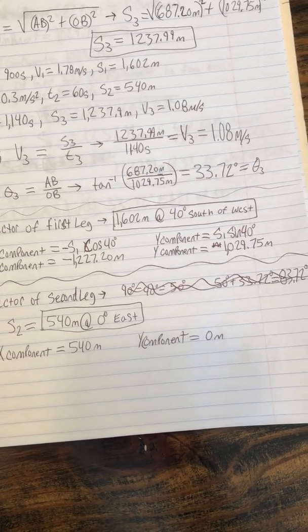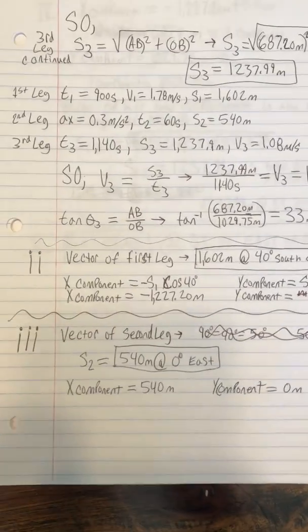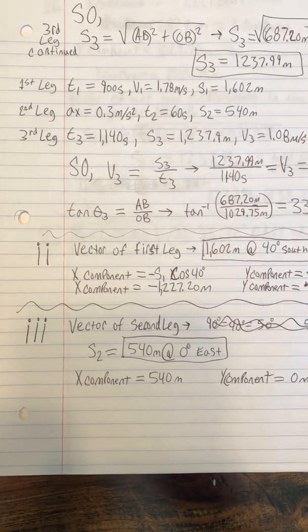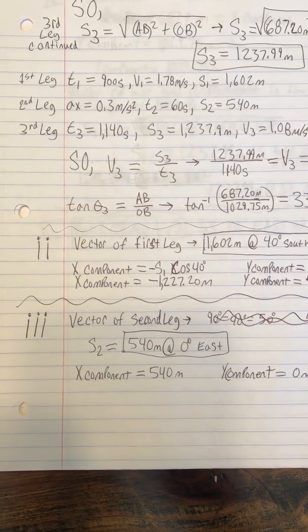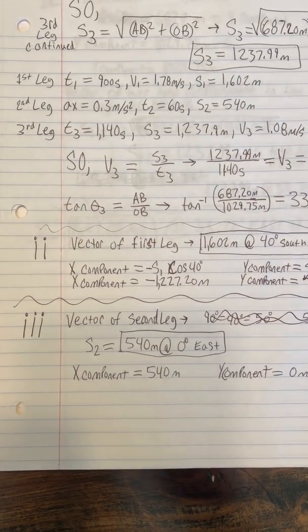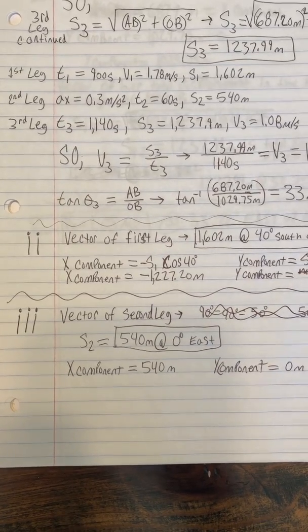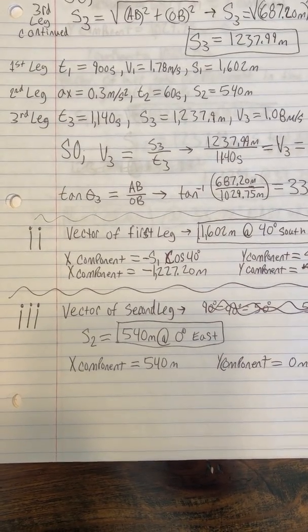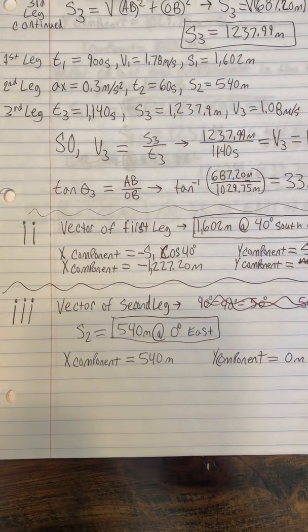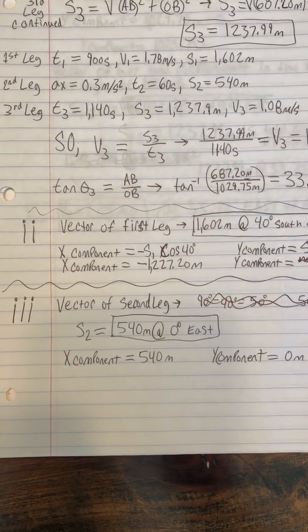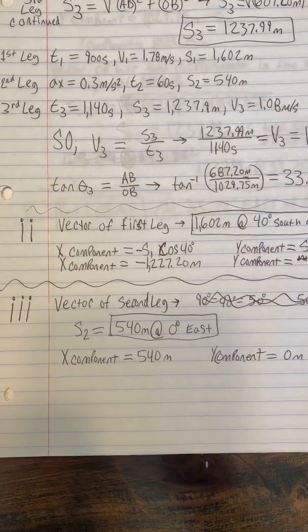So, in the first leg, T1 equals 900 seconds, V1 equals 1.78 meters per second, and S1 equals 1,602 meters. In the second leg, the acceleration is 0.3 meters per second squared. The time, T2, is 60 seconds, and S2 is 540 meters.